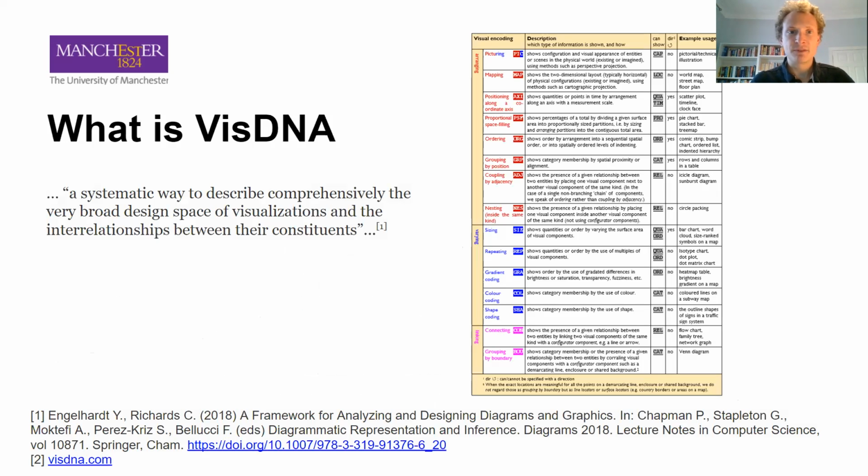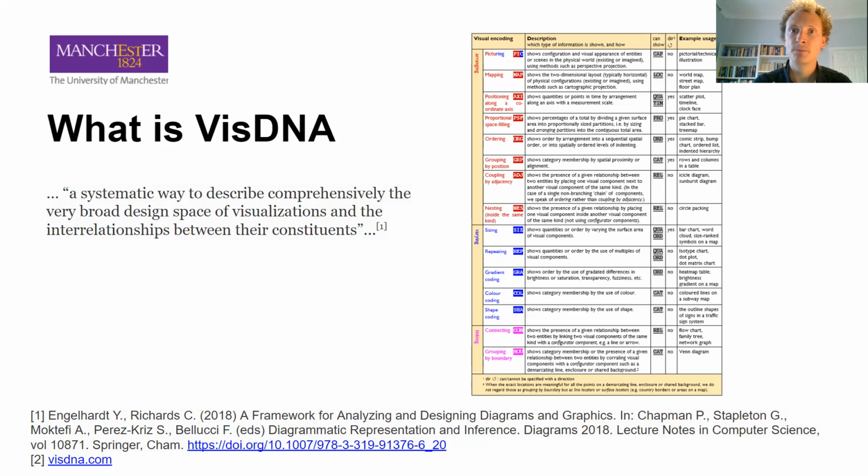So what is VisDNA? VisDNA is a systematic way to describe comprehensively the very broad design space of visualizations and the interrelationships between their constituents. So what we're doing is very much within the scope of what VisDNA is trying to achieve. You can see on the right there's a table which is taken from their website, which is the latest version, and it explains the different visual encoding principles.